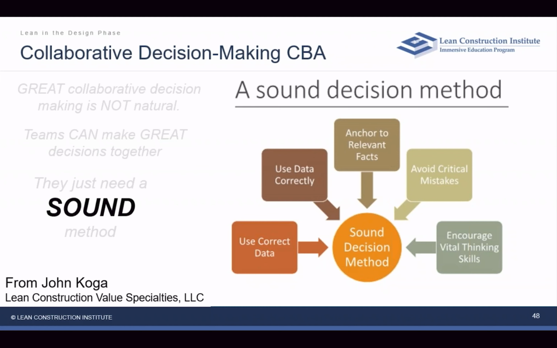And here's the other thing when it comes to sound decision making: how much are we really being influenced by our cognitive biases? These are biases that we bring to the table and we don't even know that we have them. So when decisions need to be made that involve multiple parties with numerous factors, we can rely on a sound decision making.